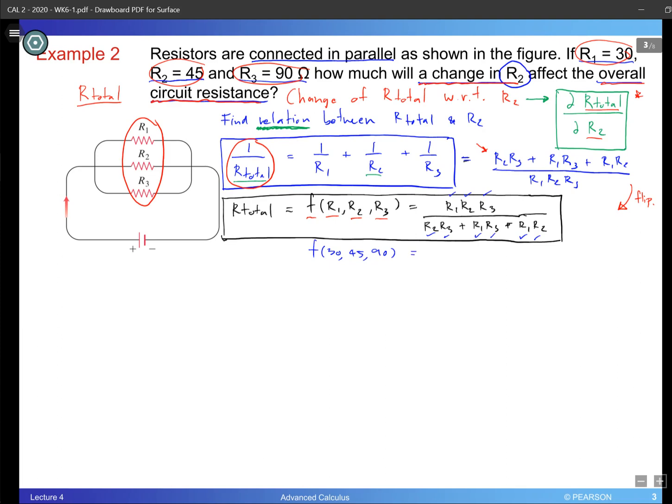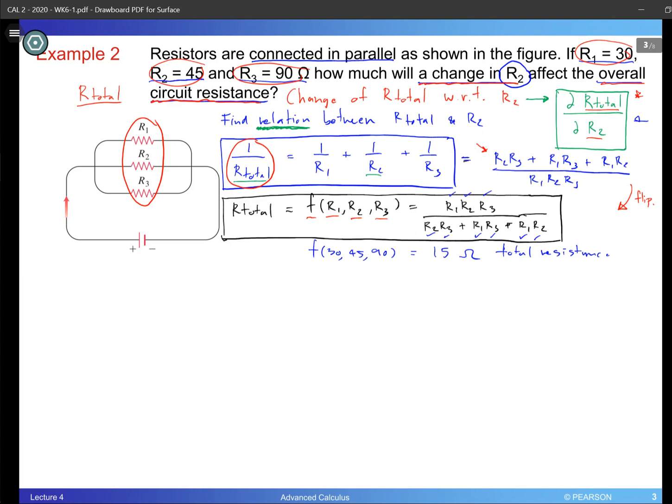I am not going to repeat the whole terms again, so let's assume that we plug all these numbers into a calculator, and in the end we get 15 ohm as the total resistance. Alright, but this is not what they ask for. They ask for dR total with respect to dR2. So just keep in mind that we have this 15 ohm ready to be used.